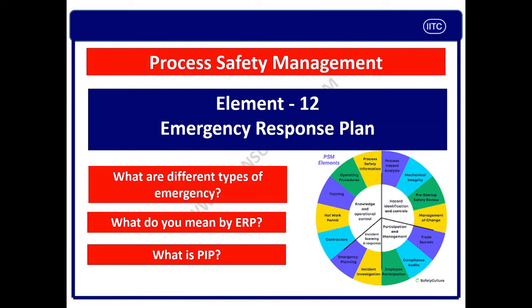What is a PIP? In the same video I have explained what a pre-incident plan is, how to make it, how to validate it, how to practice it, and how to do a mock drill. So guys, you will get complete information.